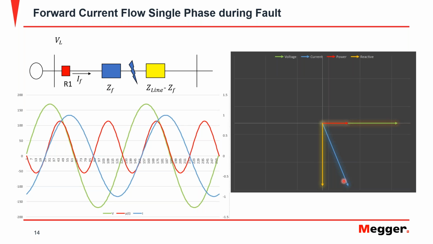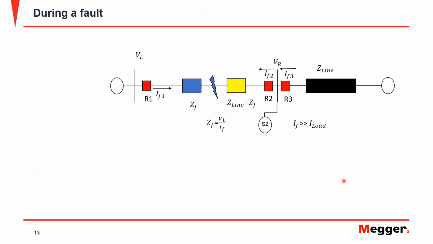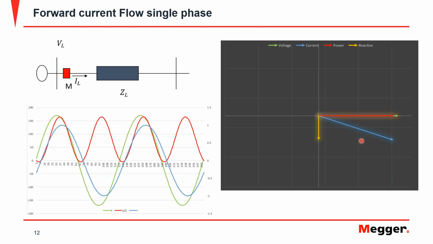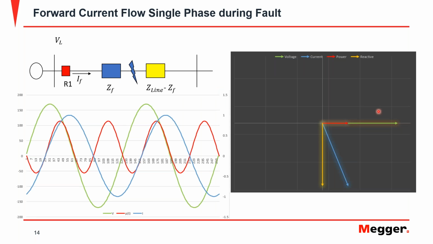characteristic. And that is something that is first very important because it allows us to know that there is a fault in the system. The jump in angle between the load angle and the fault angle allows us to know that it is a fault in the system.